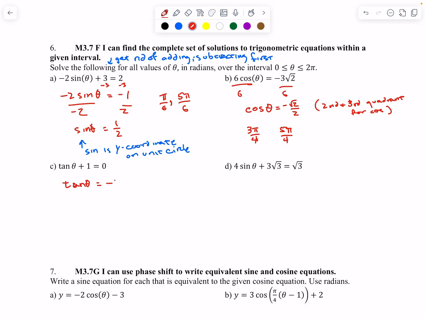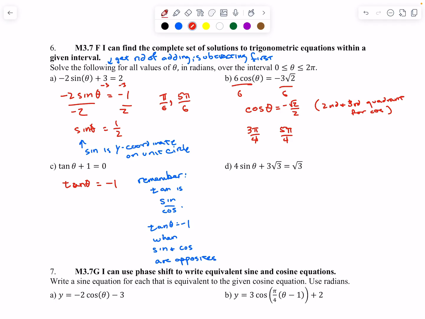Tan theta is -1. Remember, sine and cosine are opposites at various versions of 45 degrees.